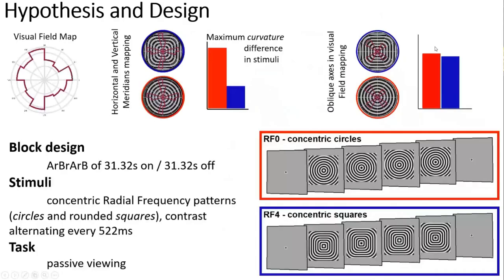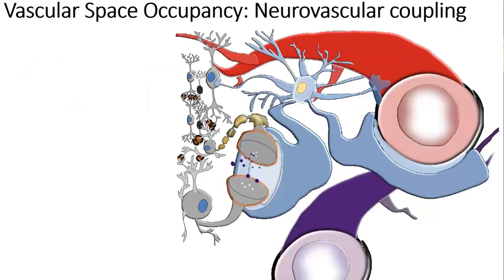Okay, so as I said, the previous fMRI studies used standard BOLD fMRI, which we know is an indirect measure of neural activity, because we rely on neurovascular coupling.